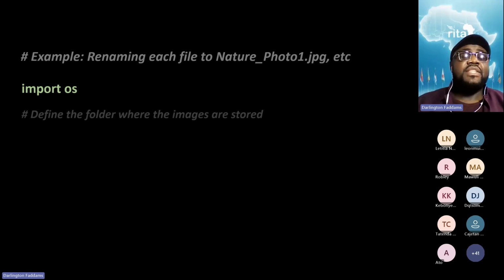All right. So now, after we import os, the next thing is to define the folder where the images are stored. The images you downloaded, you need to extract them and put them in a folder somewhere.